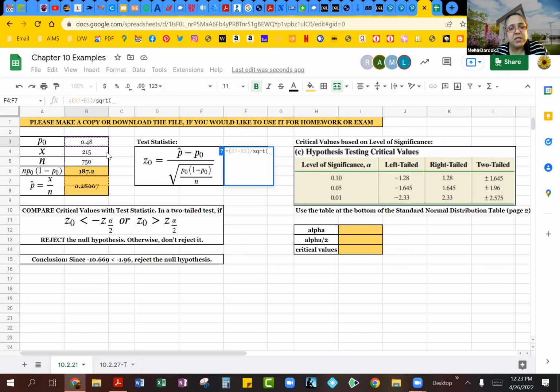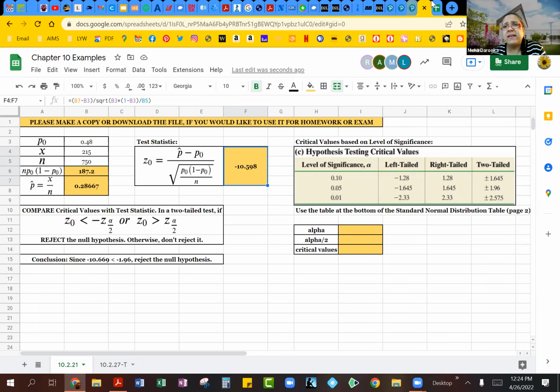So that is P naught, multiplied with 1 minus P naught, and then divided by our N value, which is 750. And that should be our square root denominator. So you can see our Z statistic is coming out to be negative 10.598.